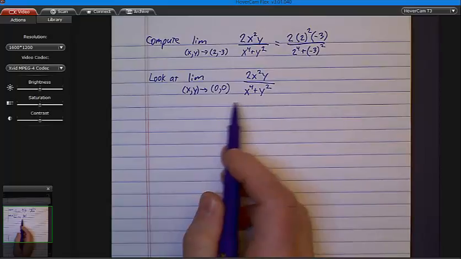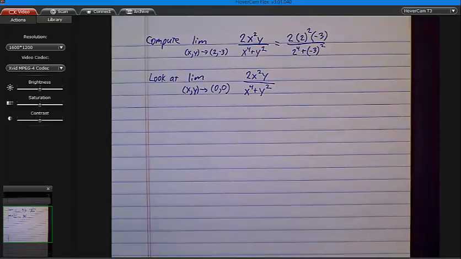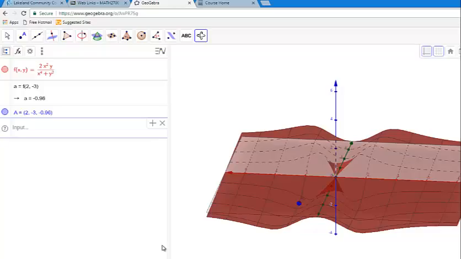So what I'm really wondering here is, as we get closer and closer to the origin with our inputs, let me go back to the picture or the graph. What do the outputs get close to?